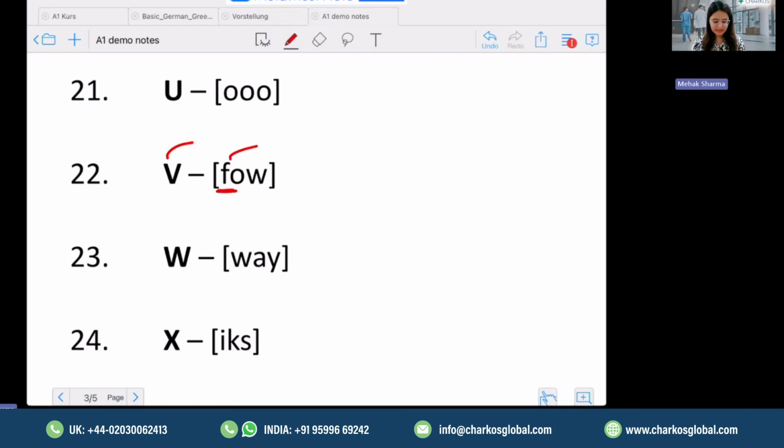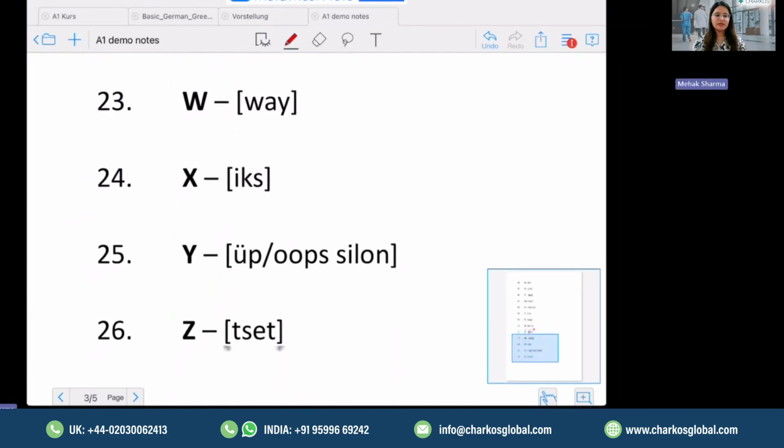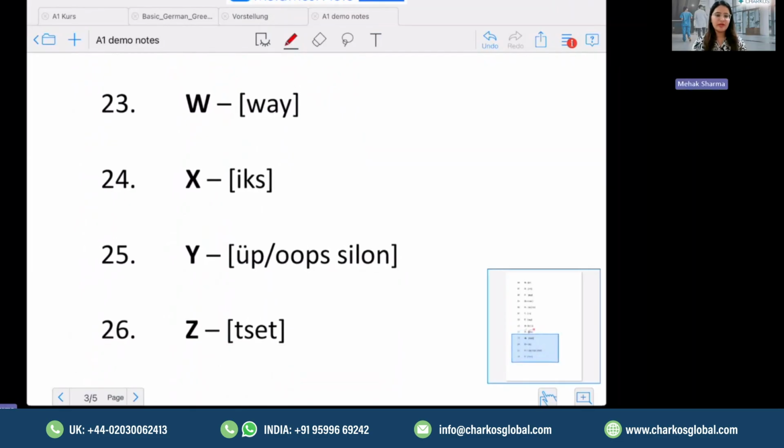Those who understand Hindi, it will give you this, F se fal, F sound, and not V sound. V se one, no, F se fal. Next is W. W is going to be way, like in English, way, and in Hindi, rasta, way.